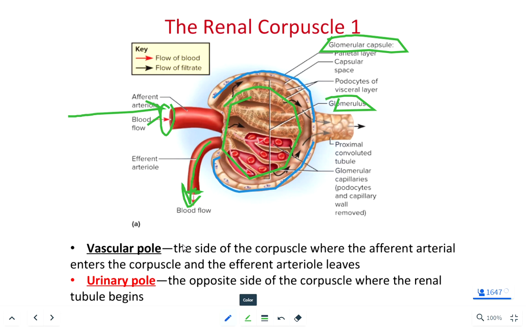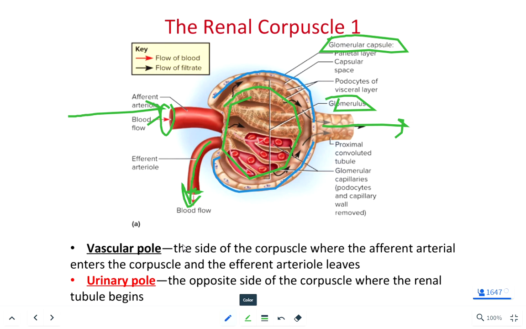And as this blood in the glomerulus is pressurized, we'll have liquid leaking out of the glomerulus. As that liquid leaks out, it's going to be processed and will leave through the renal tubules. The end of the renal corpuscle that the blood enters into is the vascular pole, and the end that the filtrate leaves out of is the urinary pole.